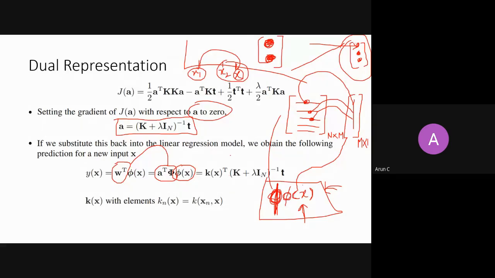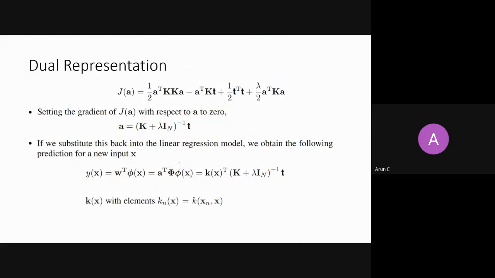So now let's come to this expression. This phi transpose phi is nothing but a vector, and this vector gives me the scalar product of a sample in my data set with the predicted one, right?